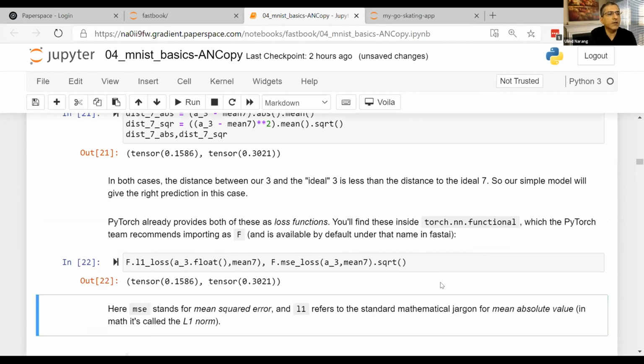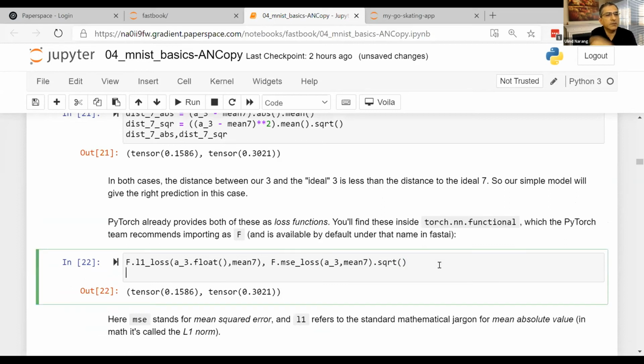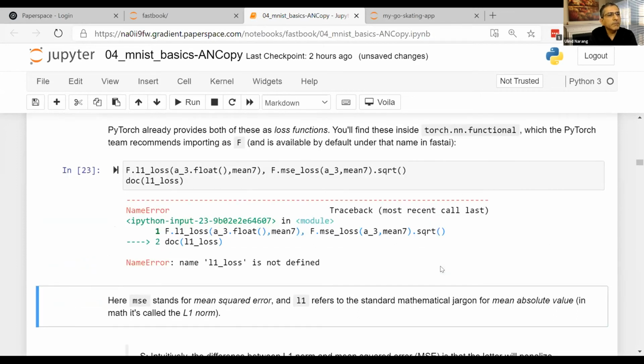Try using the doc command on it. Put it in a new line and use doc of f.l1_loss. He just said they're built into PyTorch, yet they're nothing more than those simple formulas. Try that and see if something comes up. Well, we'll have to figure out what the exact structure is. I think you've got to include the f.